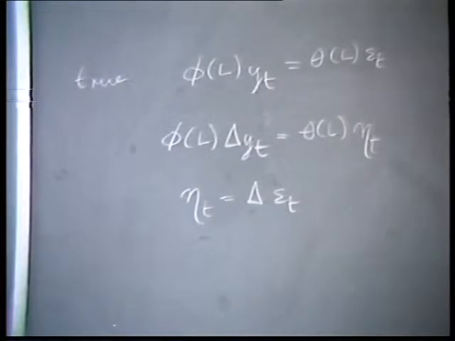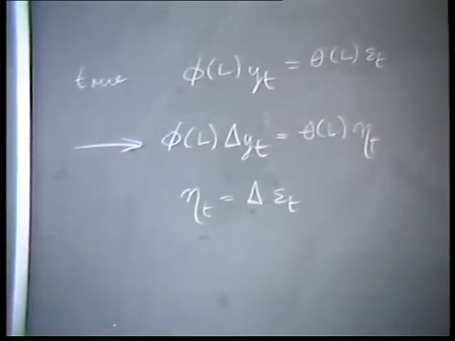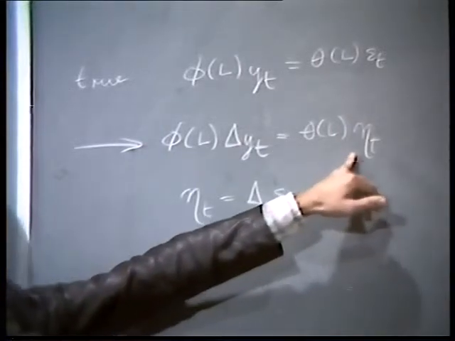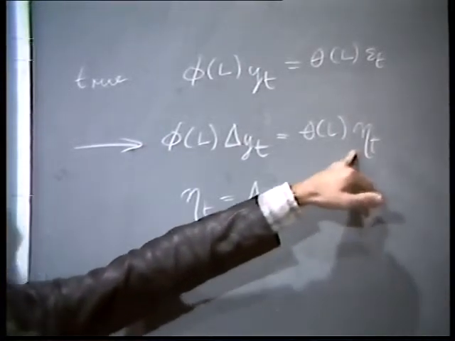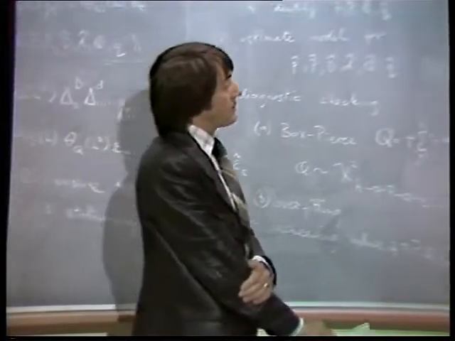But in practice, if we were estimating this model, then we're quite likely to run into computational problems, because we know that the true model is one where there is a moving average error component here with a unit root, and to estimate moving average error processes with unit roots is quite complicated, and you can use up lots of computer time because of the difficulties of converging when the true root is unity.